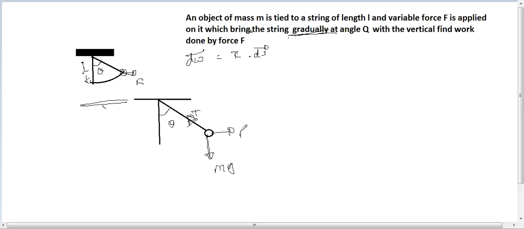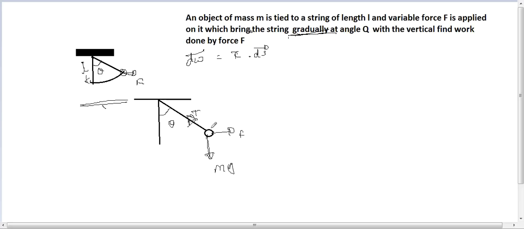The basic condition is that this force balances it, because this force brings the object gradually, so at any instant there is equilibrium between the forces.